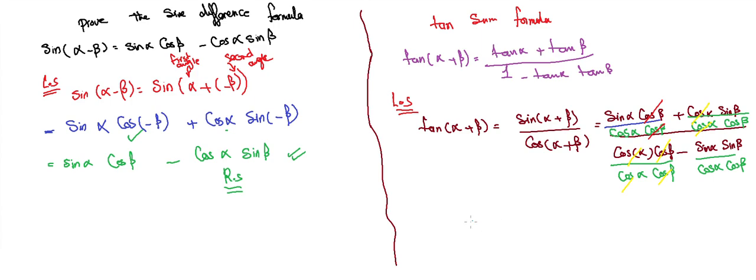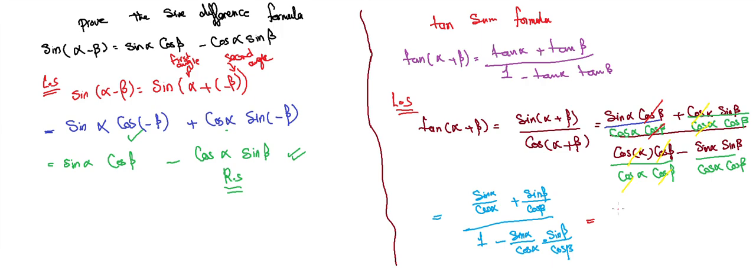So it's simply sine alpha over cosine alpha plus sine beta over cosine beta, over 1 minus sine alpha over cosine alpha times sine beta over cosine beta, which equals tan alpha plus tan beta over 1 minus tan alpha tan beta, which is actually the right side.